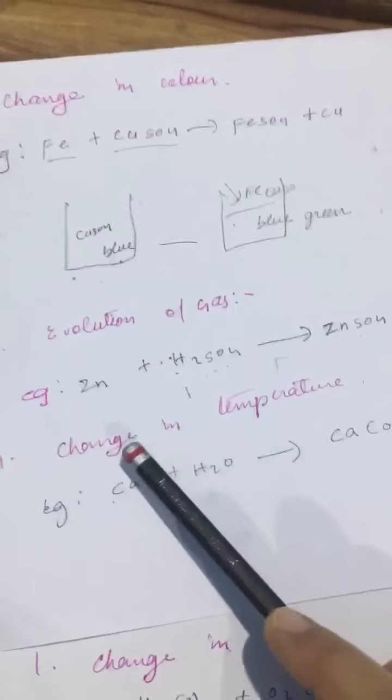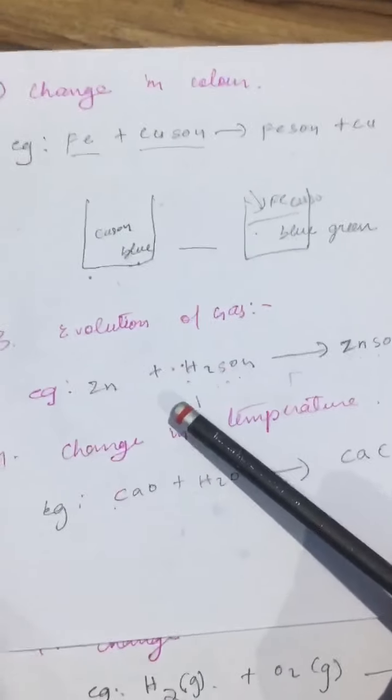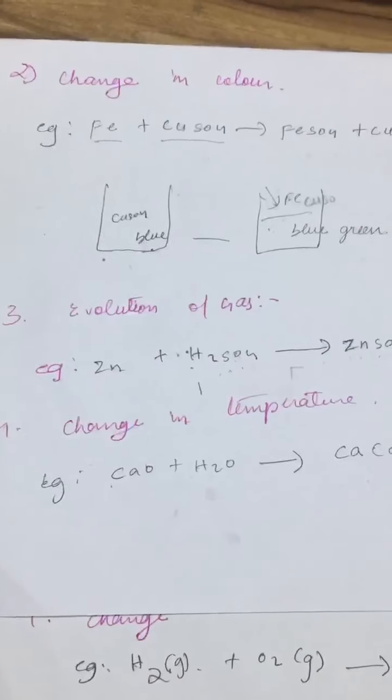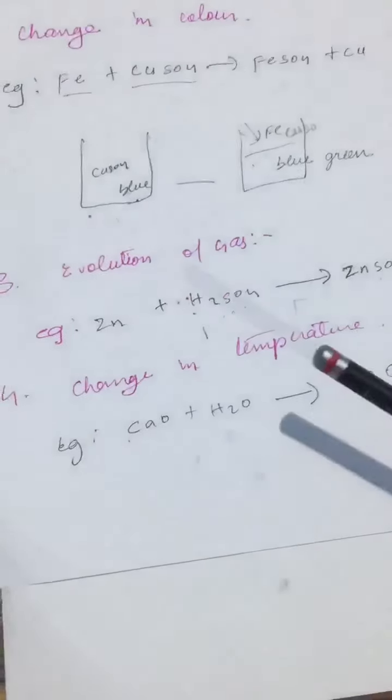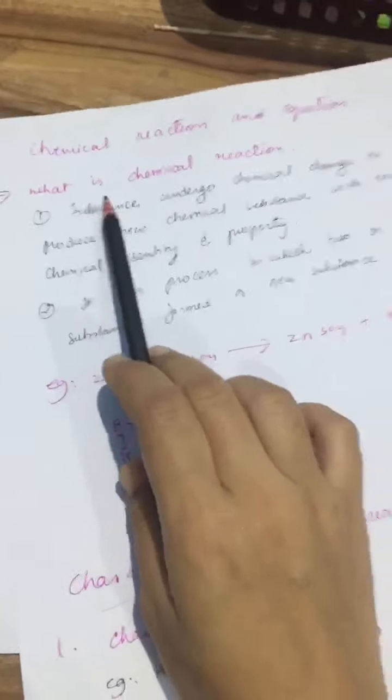Okay, the third one is evolution of gas. It means the gas is coming out. Let's go to the example. The first one is the same as this one, so we should not forget what a chemical reaction is.